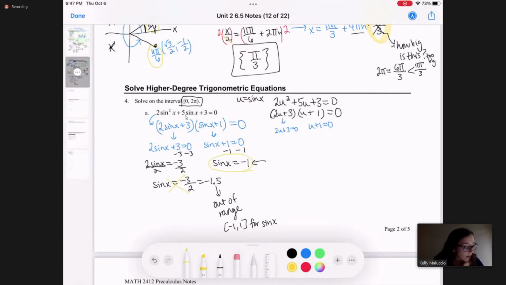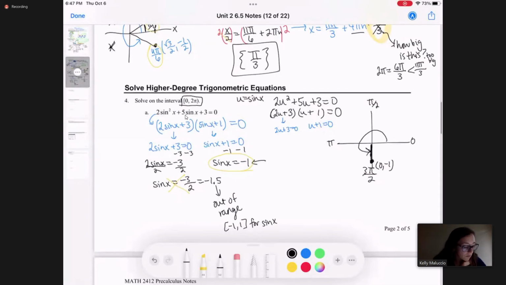So we want to figure out where sine is -1 between 0 and 2 pi. Sine is the y, and it's -1 only at this point between 0 and 2 pi. So that's this angle, and that's 3 pi over 2.